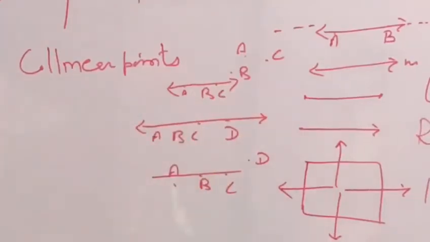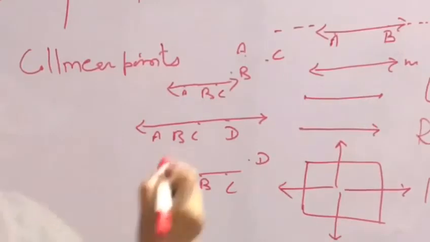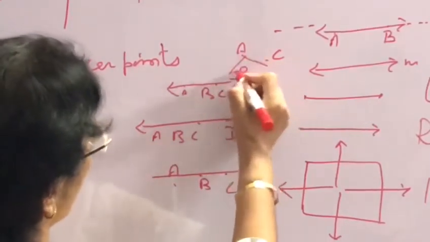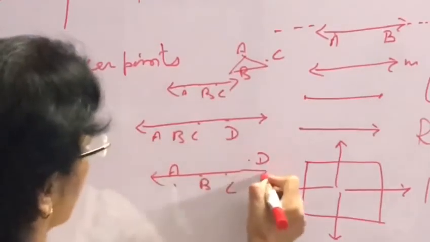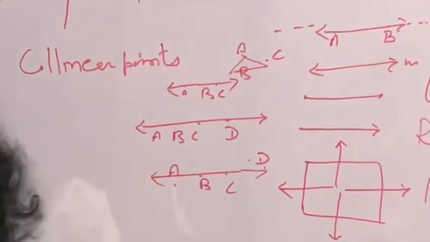In these two figures, points lie on the same line. It means when 3 or more points lie on the same line, they are called collinear points. But in this figure, ABC, when we join them, all these points do not lie on the same line. When these points do not lie on the same line, they are called non-collinear points.